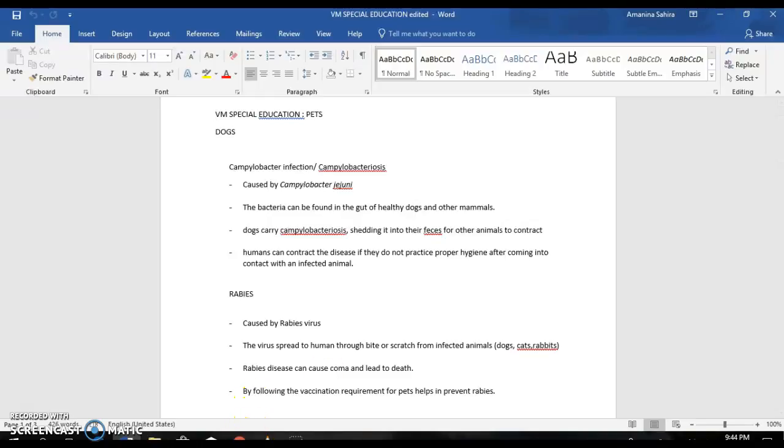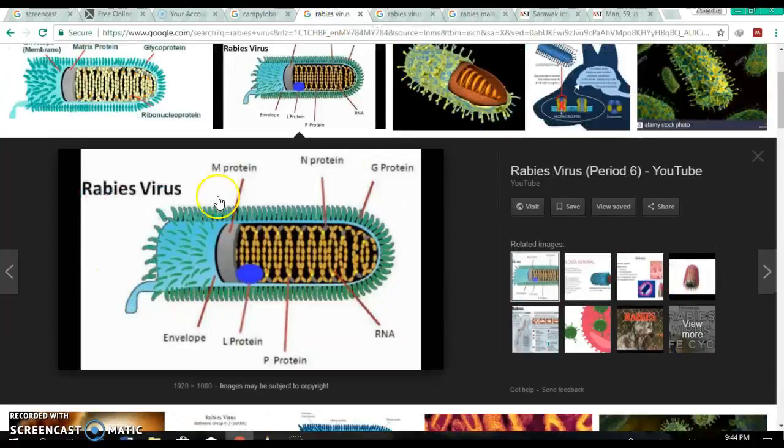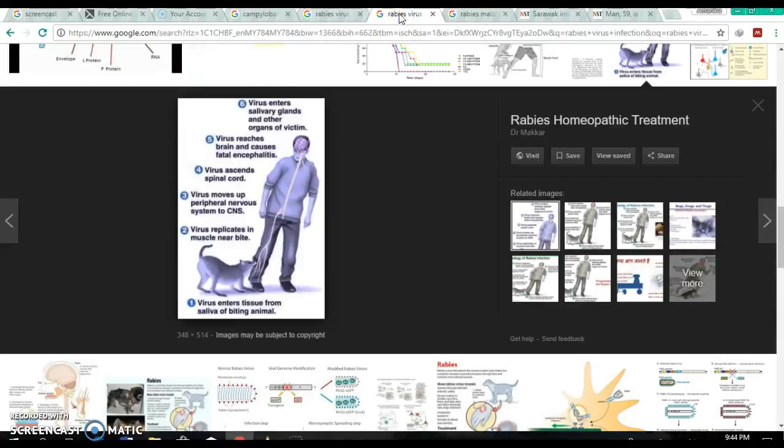So this is the rabies virus in more detail, the structure itself, and this is the pathway. This is additional information that I found on Google.